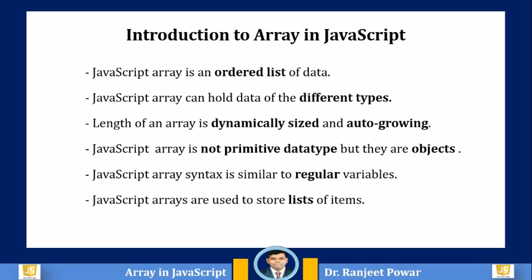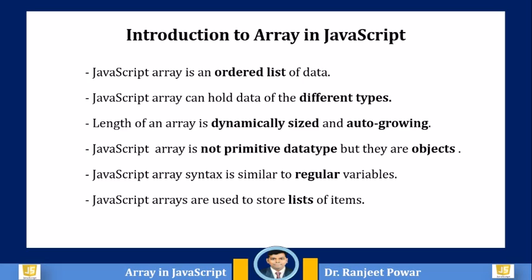In the introduction, an array is very similar to a variable in that an array tells the browser to reserve a place in memory that can be used to store information. Arrays are complex variables that allow us to store more than one value or group of values under a single variable name.